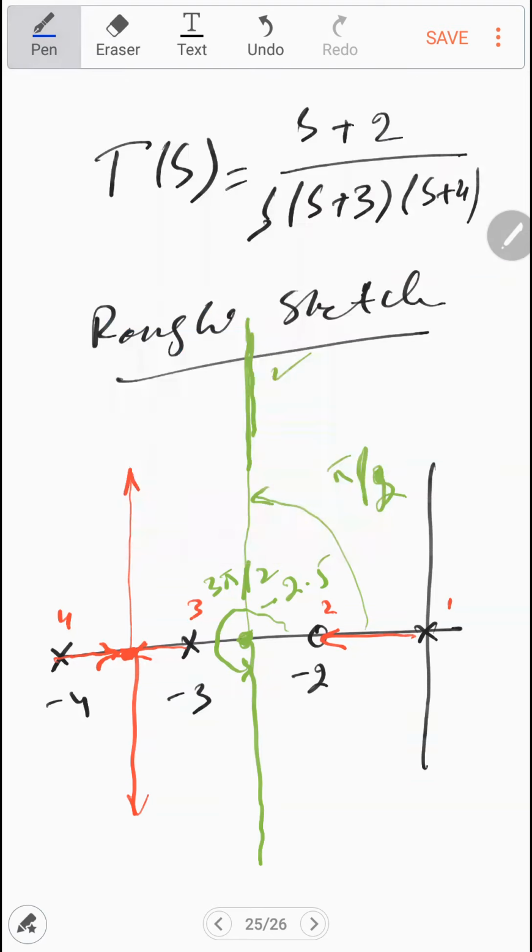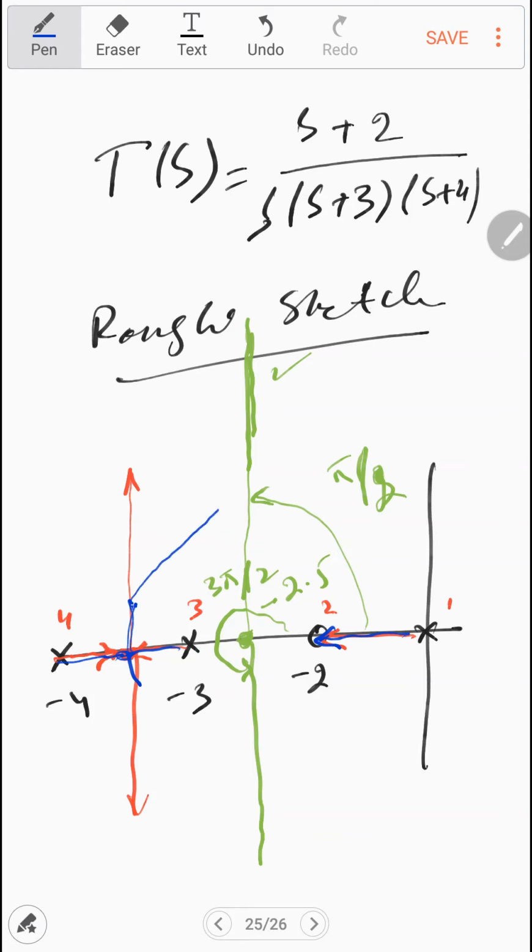So let me correct this line now. It is corrected because it is the locus on the real axis, and it started from here and then here, and at some point it goes into the complex plane, and this one also goes into the complex plane.